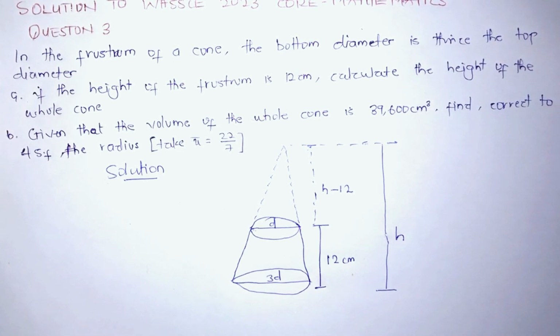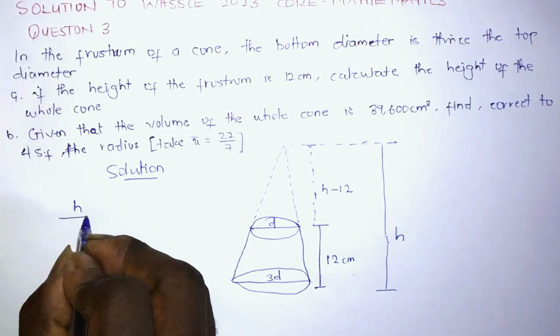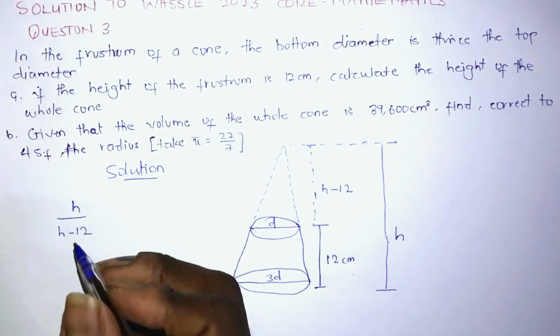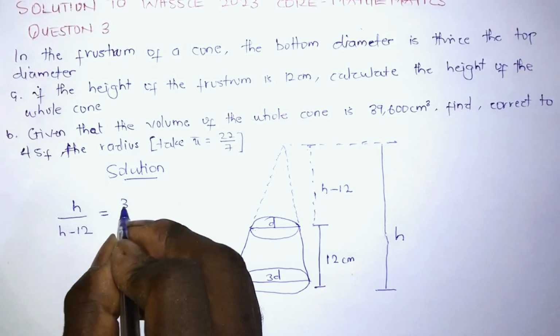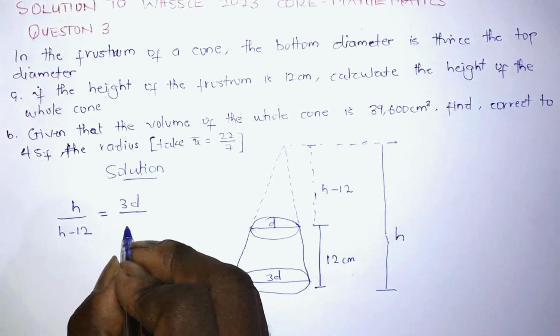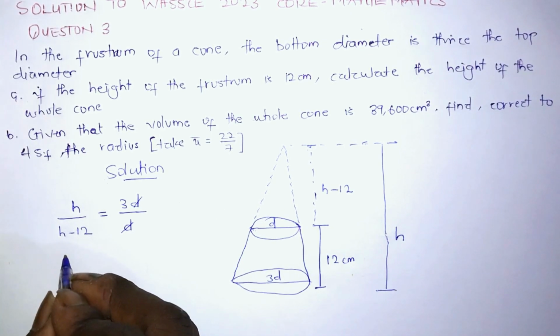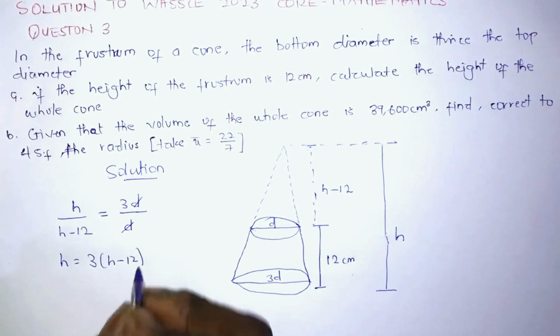So now that our diagram is complete, we can simply use ratio to solve this question by saying that the height of the entire cone, divided by a portion of it, the H minus 12, should be equal to the entire diameter, which is 3D, divided by a portion of it, which is D. So from here, this can cancel that, and we are going to get H to be equal to 3 multiplying H minus 12.